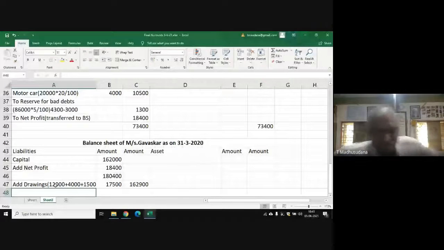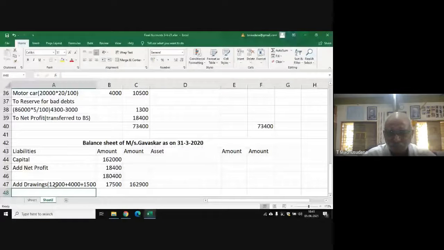The total drawings in this problem are the trial balance drawings of 12,000, and in the adjustments, there are two more items for drawings: the premium paid on personal life insurance, and depreciation on the building used for residential purpose.